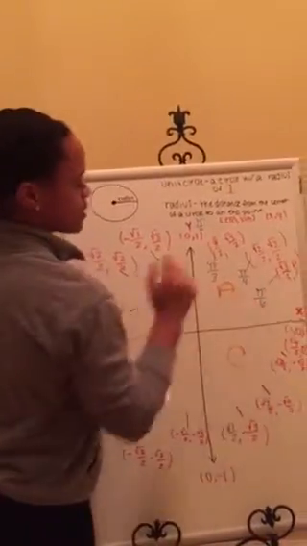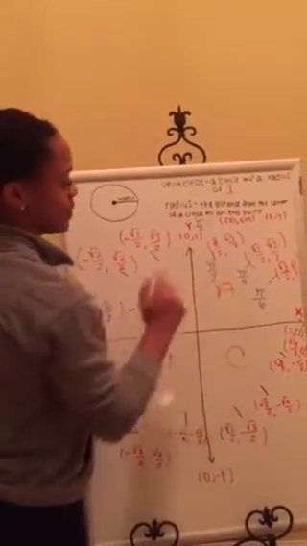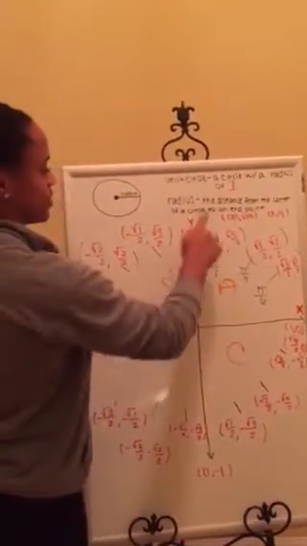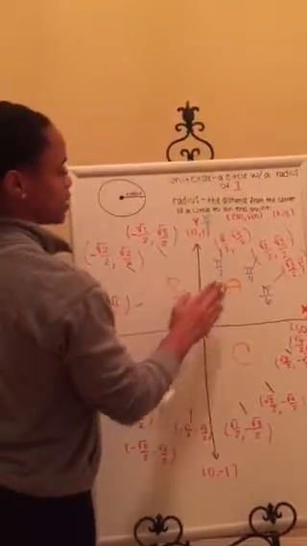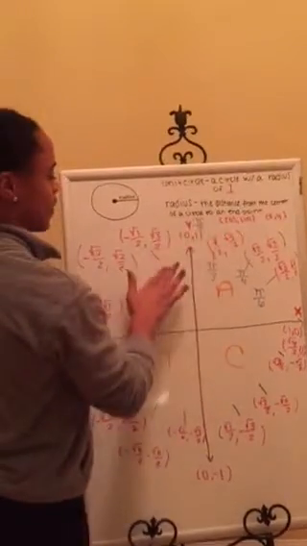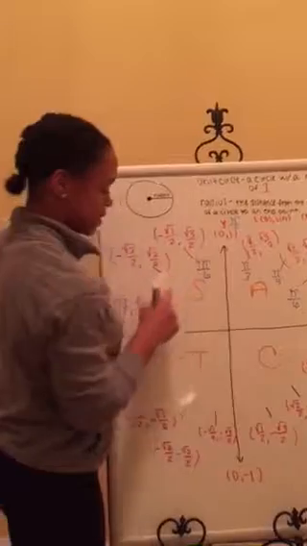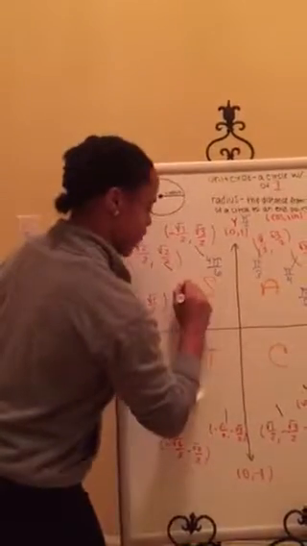So pi over 6. Then we have 2 pi over 6, which reduces to pi over 3. Then we have 3 pi over 6, which reduces to pi over 2. So pi over 6, 2 pi over 6, 3 pi over 6. Now we have 4 pi over 6. Then we skip the middle one to get 5 pi over 6.